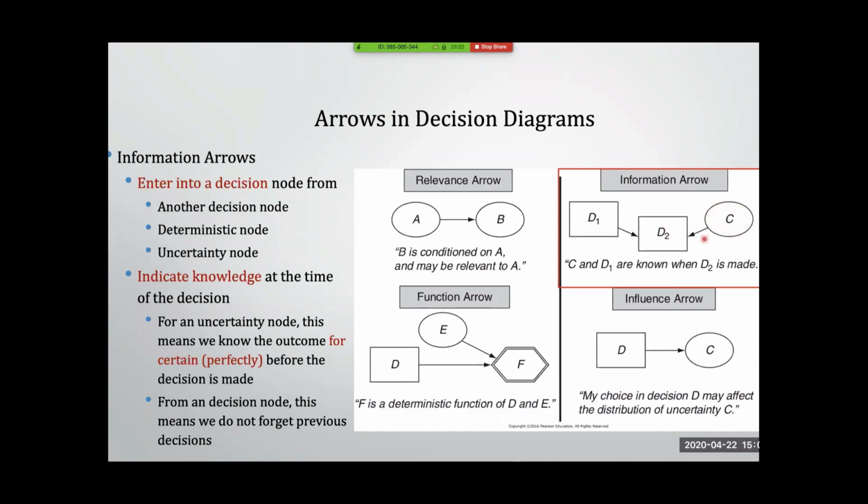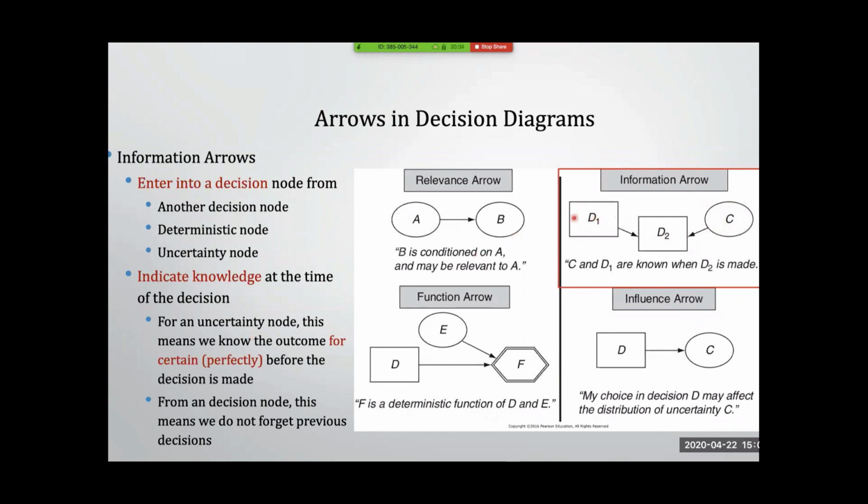In terms of the weather, suppose this is the party decision and this is the weather distinction, then this decision diagram would mean that when Kim is making a decision on where to have the party, she would have observed what kind of weather she would encounter for sure on the party day.